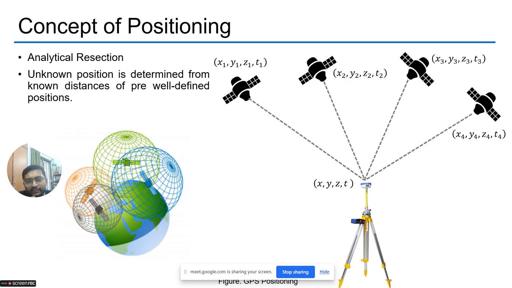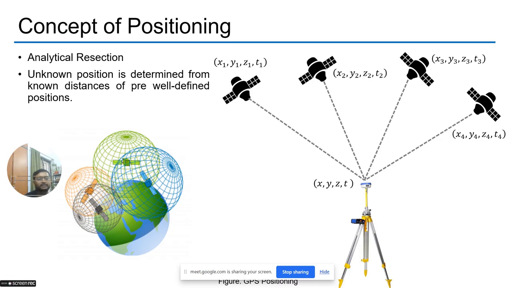To avoid that time delay, we also measure the time at which it reaches us. And because of that, we need at least four satellites to avoid the error coming due to time. So if we use three satellites, we will not get the proper answer.